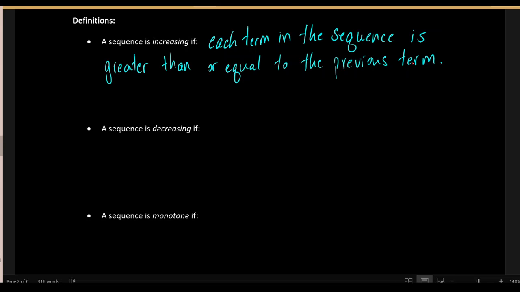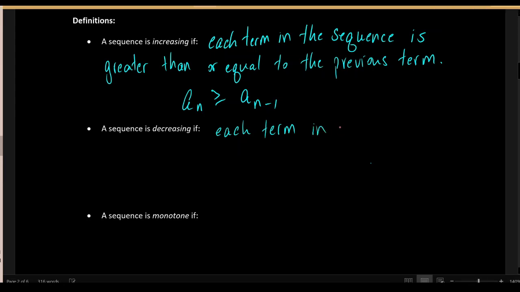So in symbolic notation, I would write a sub n, any term in the sequence, has to be greater than or equal to the previous term in the sequence, a sub n minus 1. Now corresponding to that, we have the definition decreasing. A sequence is decreasing if, can you anticipate what this definition is going to be?